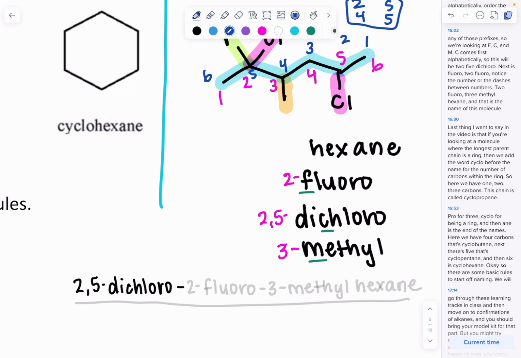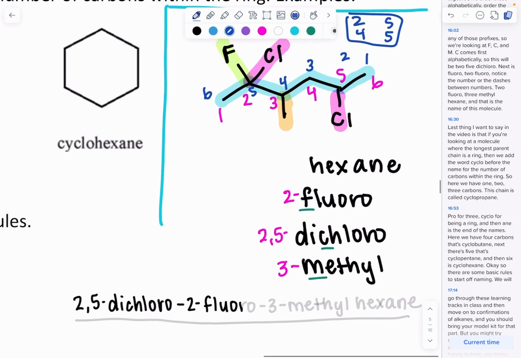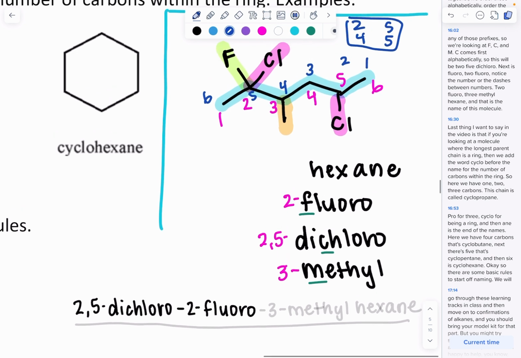Next is fluoro, 2-fluoro. Notice the dashes between numbers and names. 2-fluoro, 3-methyl, hexane. And that is the name of this molecule.